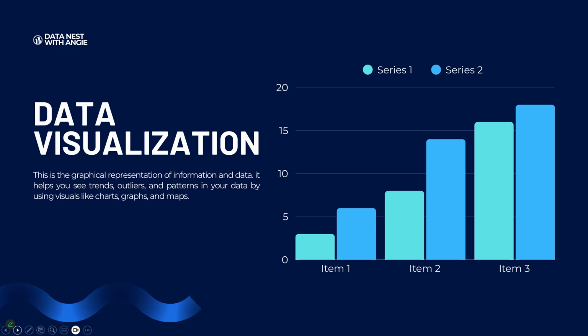So you'll be seeing things like bar charts, pie charts, maps, tables, slicers and filters. These are all what makes up data visualization. Visualization helps your organization to better understand the insights you have generated from the data set they have provided for you.